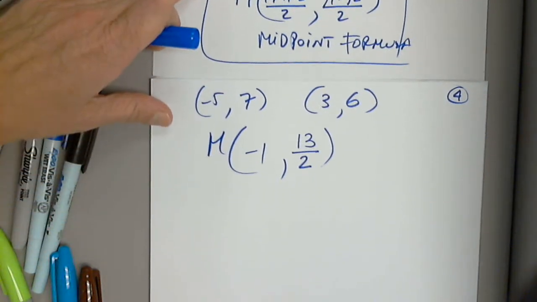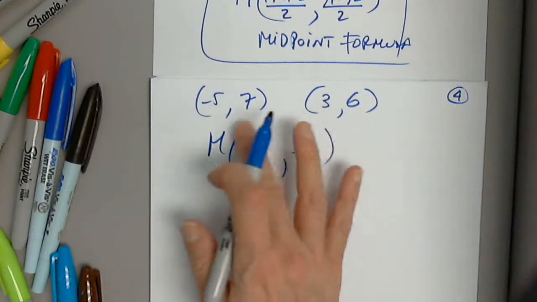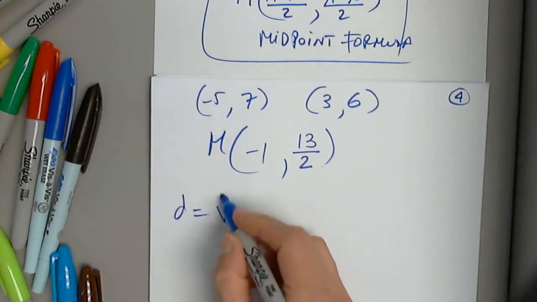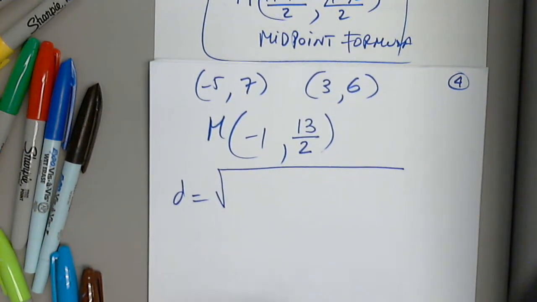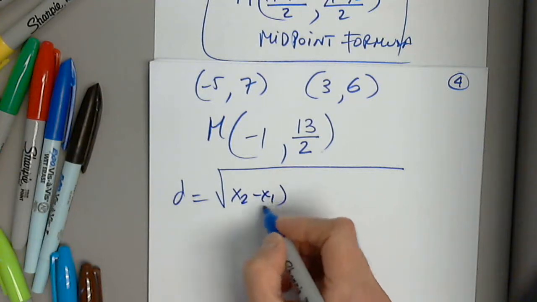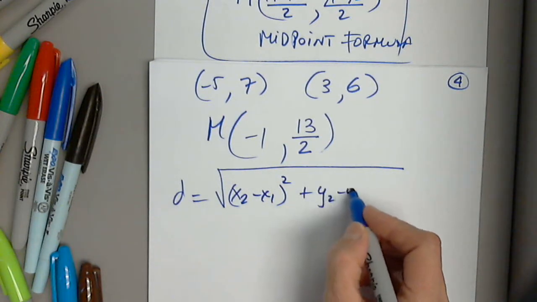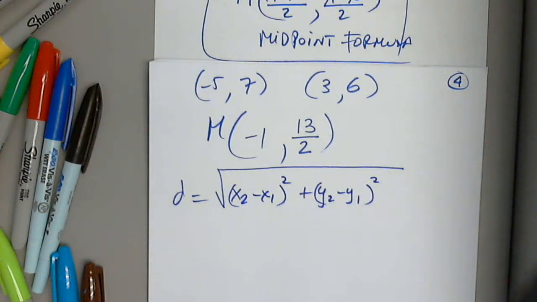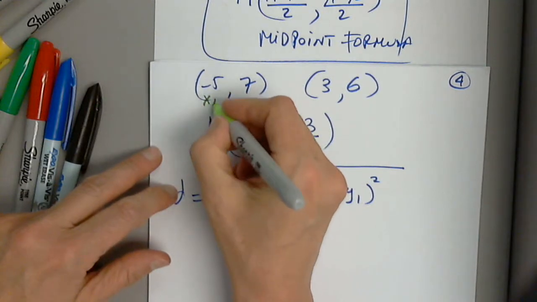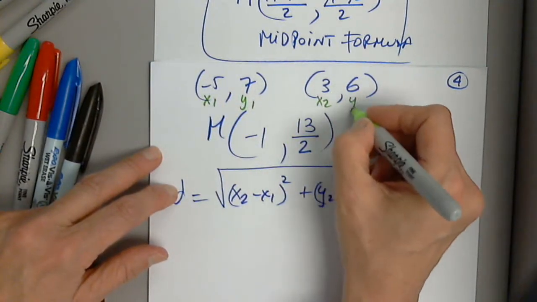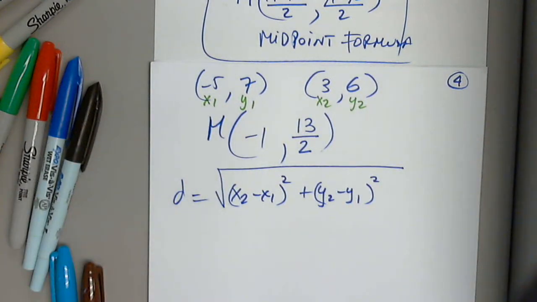Now let's find the distance. We want to find the distance between these 2 points. So the distance, I write the formula first. x2 minus x1, everything squared, plus y2 minus y1, everything squared. I see the cell phone. And I will label them as x1, y1, and x2, y2. Any order you like.